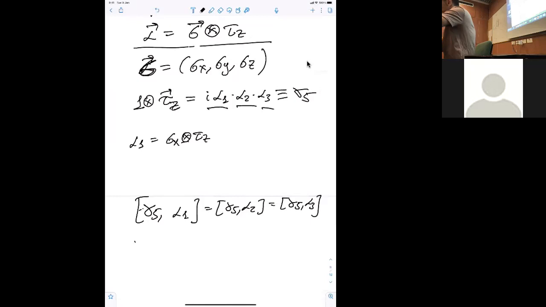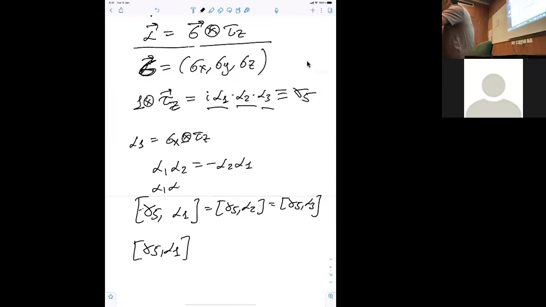So for example, if you compute the commutator of gamma 5 with alpha 1, there are 2 matrices here: matrix alpha 1 itself, with which alpha 1 commutes, and matrices alpha 2 and alpha 3. But alpha 1 anti-commutes with alpha 2: alpha 1, alpha 2 is equal to minus alpha 2, alpha 1.